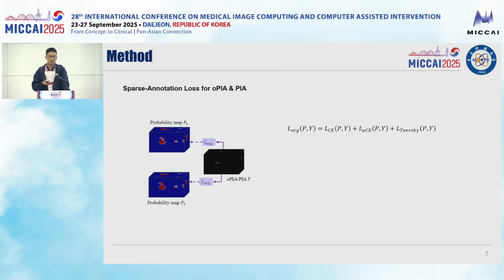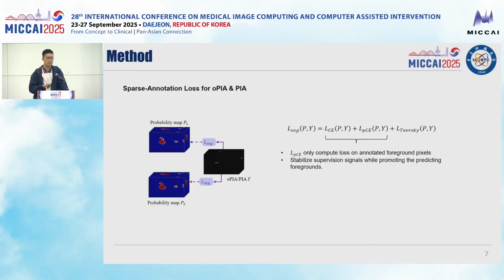So to efficiently learn from the partial instance annotation, we design a combination of loss functions. The first two are a conventional cross-entropy loss and a partial cross-entropy loss. Here, the partial cross-entropy loss means we only calculate the cross-entropy loss on the annotated foreground pixel space.